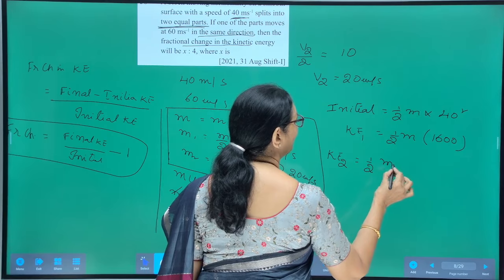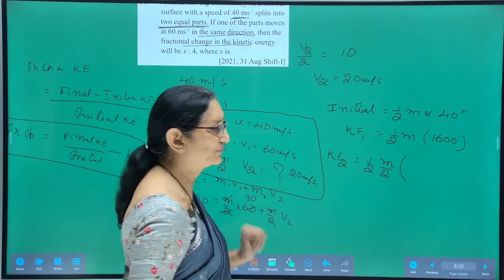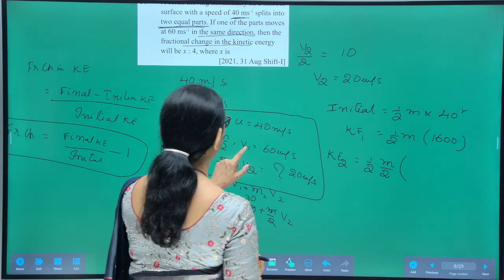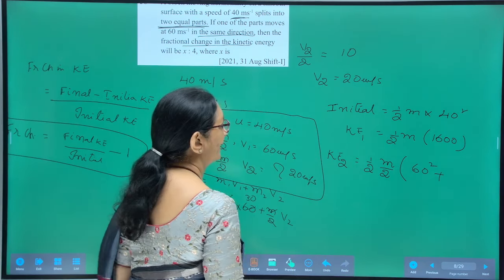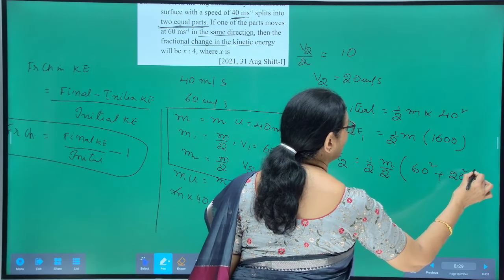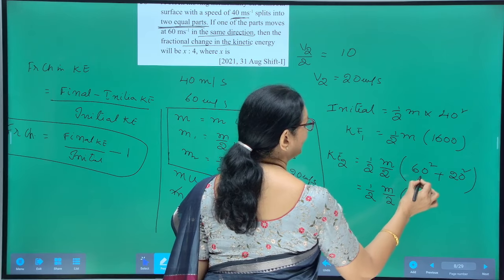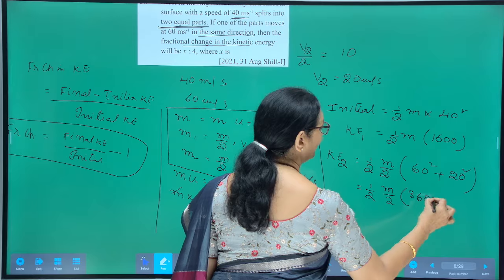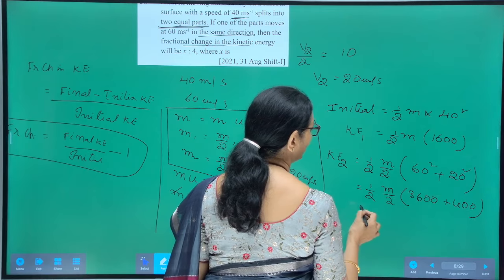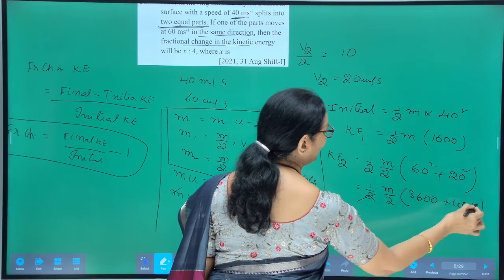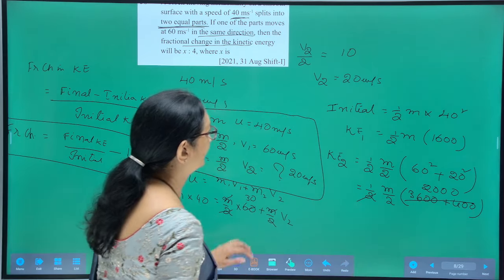Because masses of both pieces are common, m by 2, I am taking it outside. So, half m by 2, v1 square is 60 square and v2 square is 20 square. So, this is half m by 2 into 3600 plus 400. That is 4000, 4000 by 2 is 2000. So, m by 2 into 2000.